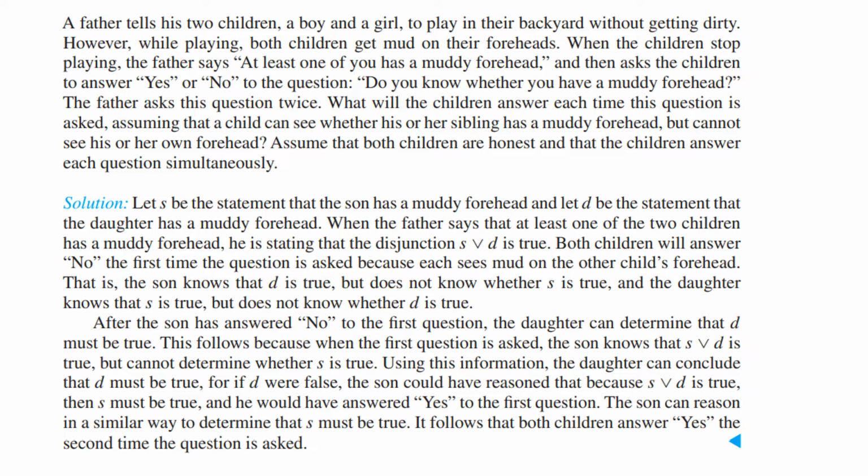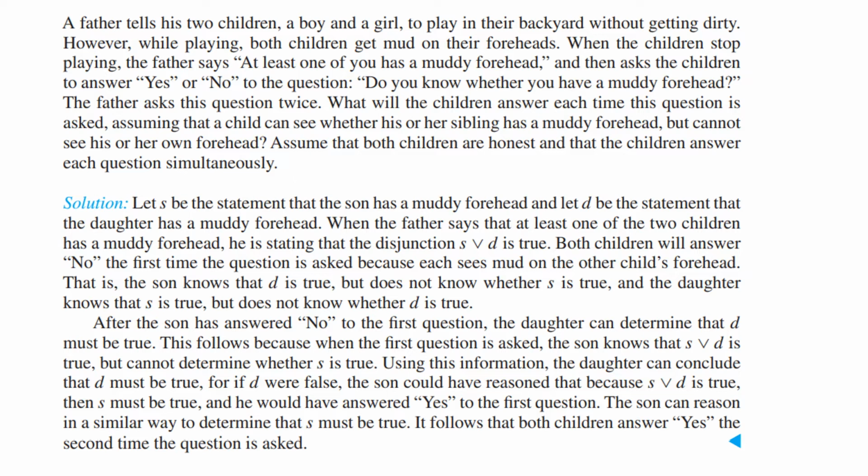So after the son has answered no to the first question, and the daughter also answers no, the daughter can determine that D must be true. This follows because when the first question was asked, if the son knows that S or D is true but cannot determine whether S is true, using that information, the daughter can conclude that D must be true.